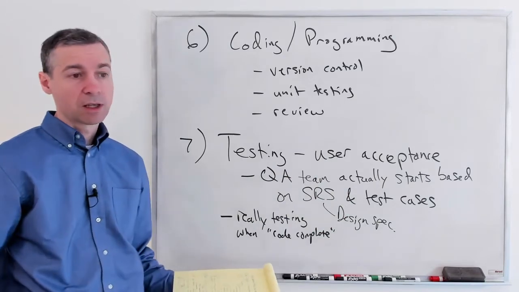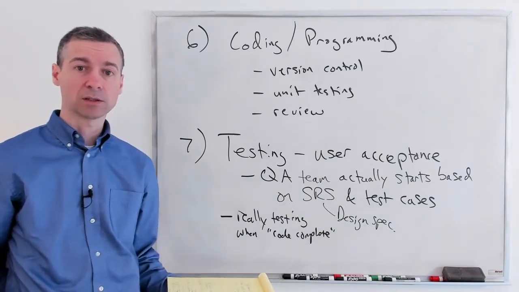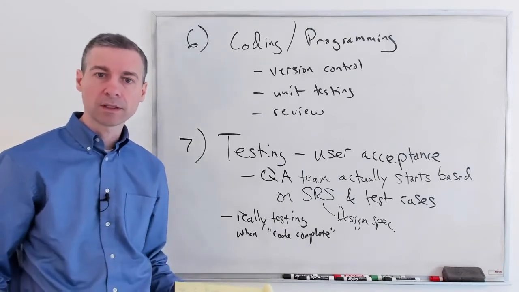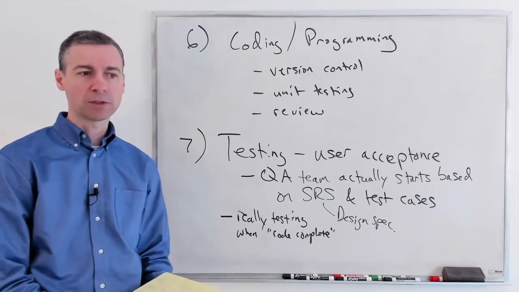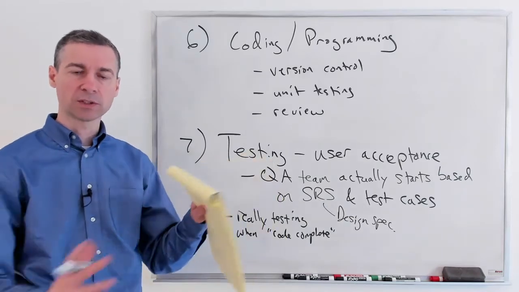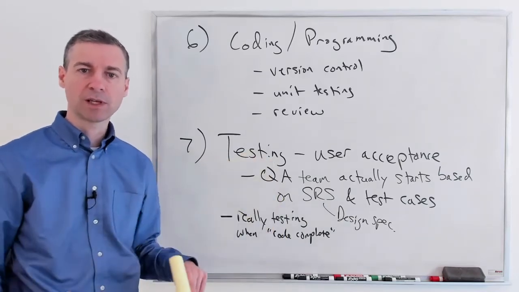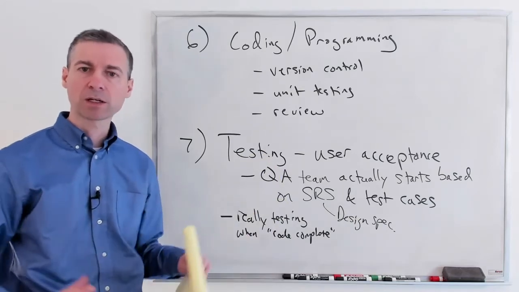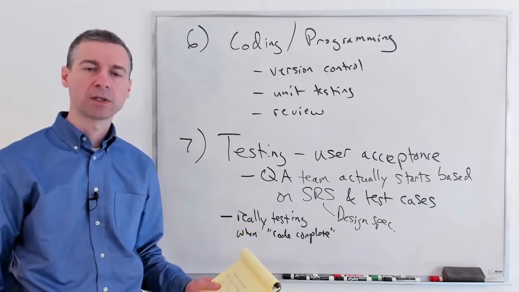So if I was to take the waterfall approach and modernize it, of course, what we're going to do is squeeze together that programming and testing. We're going to put in our code reviews and have a better engineering practice.